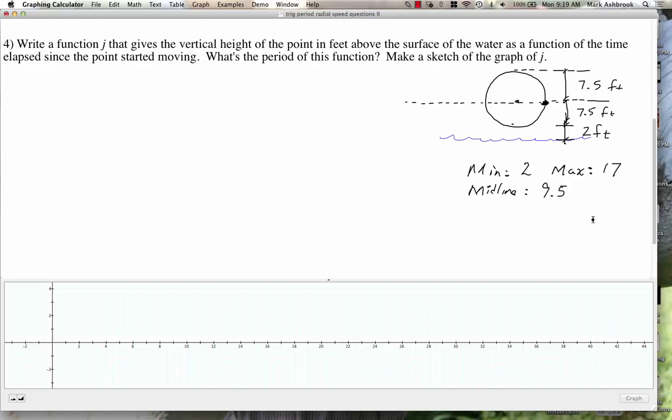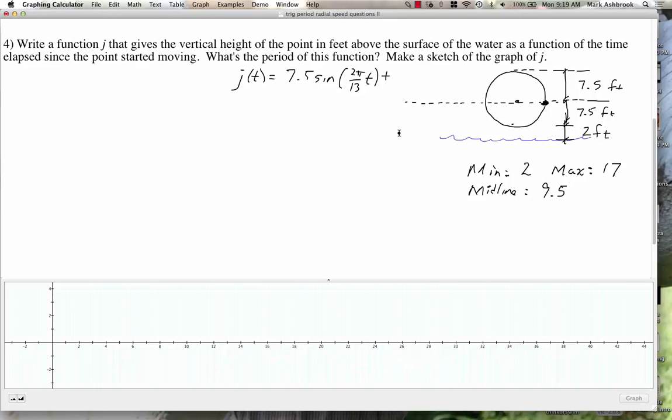Okay, so going back to our function here, we said j of t was 7.5 sine of 2 pi over 13 t. Now we're deciding, should we add 2? Are we adding 2? What's the midline of just sine by itself?